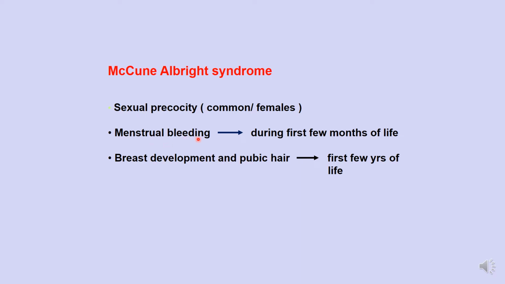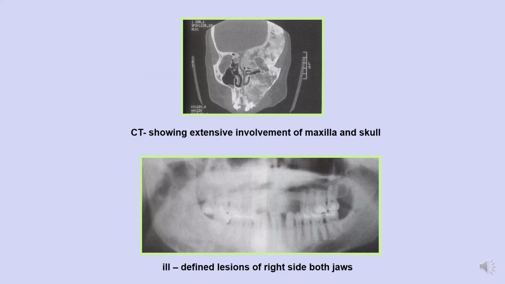So menstrual bleeding is seen in the first few months of life, and breast development and pubic hair in the first few years of life. This is because of an endocrinopathy. There are other endocrinopathies that have also been identified in patients with McCune-Albright syndrome, such as pituitary adenomas or hyperthyroidism. This pattern is described as McCune-Albright syndrome.